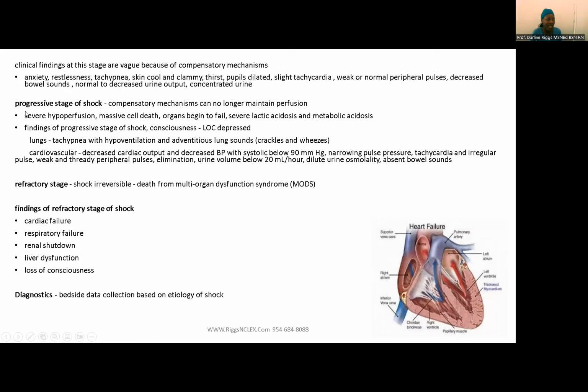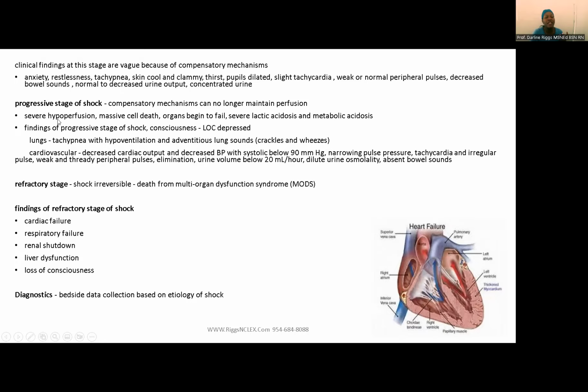Okay, because the client would then go into a progressive stage of shock, where organs start to die. That's a problem. As the body compensates, if it's not able to do so, then organs are not getting oxygen. So there's a decreased perfusion to the organs.